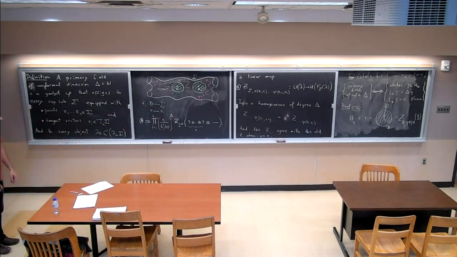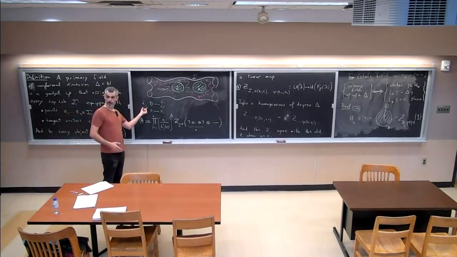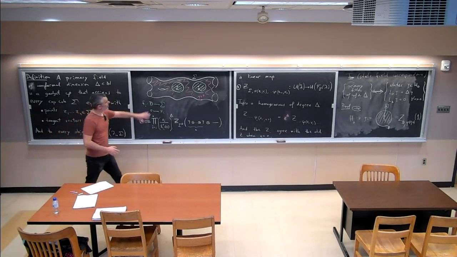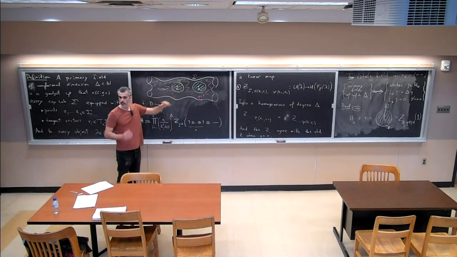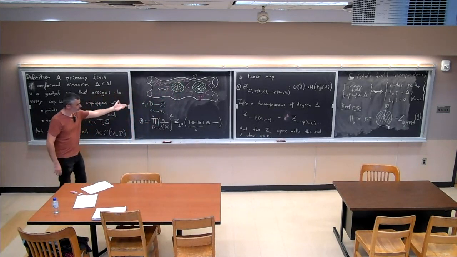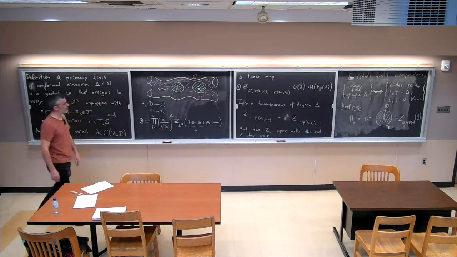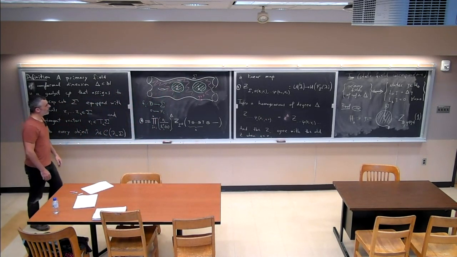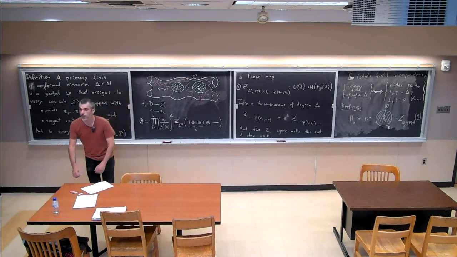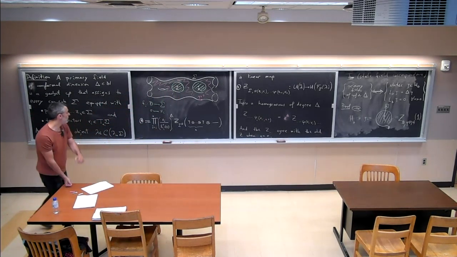OK, and there's a little check to see that it didn't depend on the choice of Fi. So suppose I take my disk and I make it a bit bigger or a bit smaller. Then how do you show that this formula remains the same? And sorry, I probably missed that. You pull back to the unit disk and treat it as a complex number.